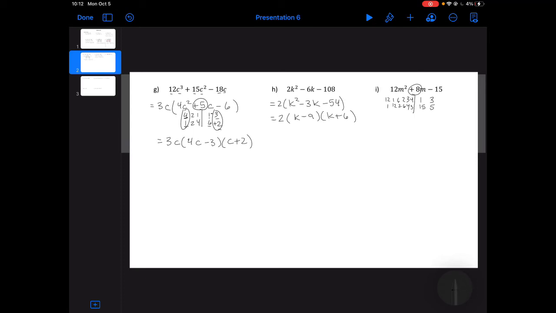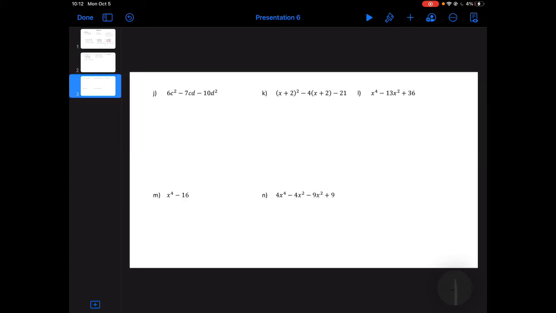So 10 and 18. Well, that is a promising candidate there. So that is going to work as long as my 10 is negative and my 18 is positive. So now I can read across horizontally and I get 2m plus 3 and 6m minus 5.